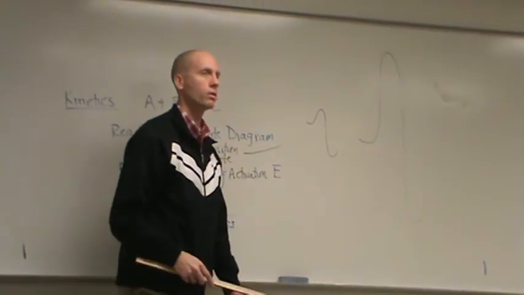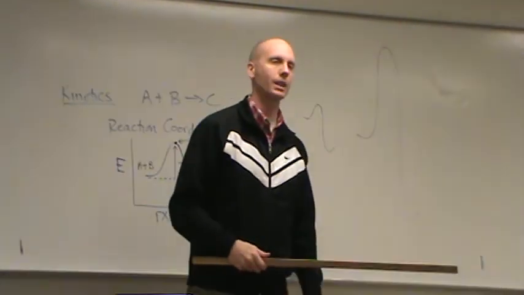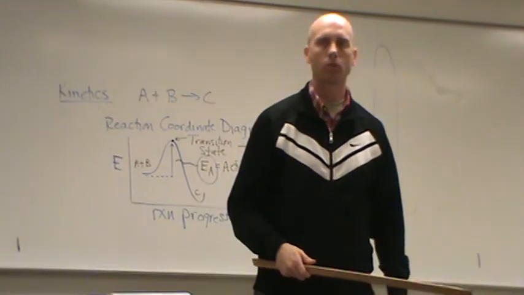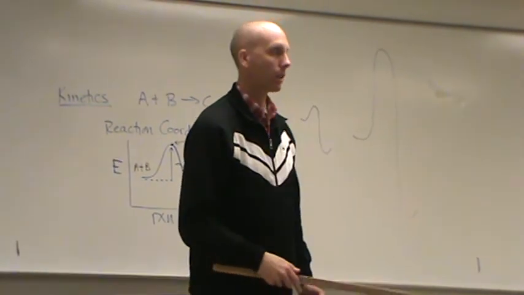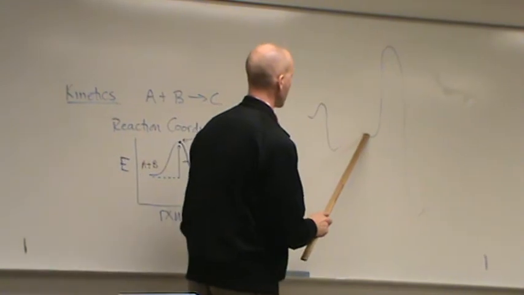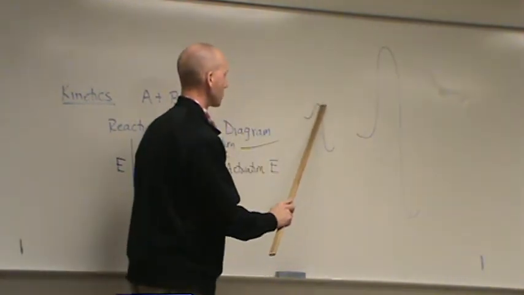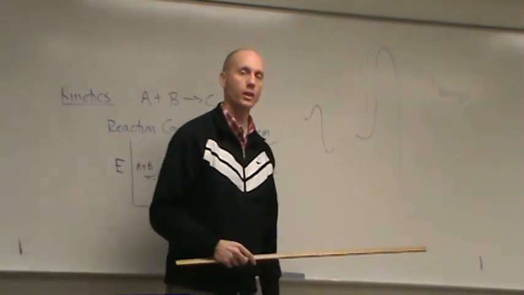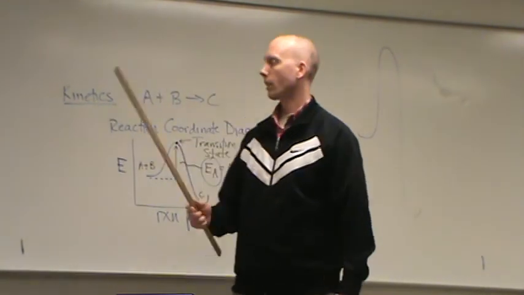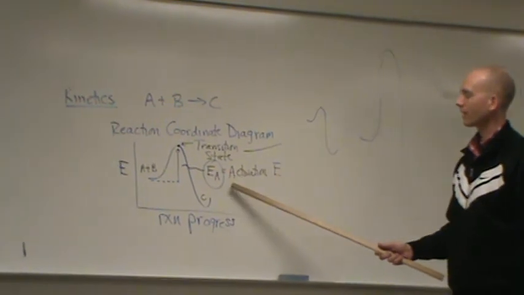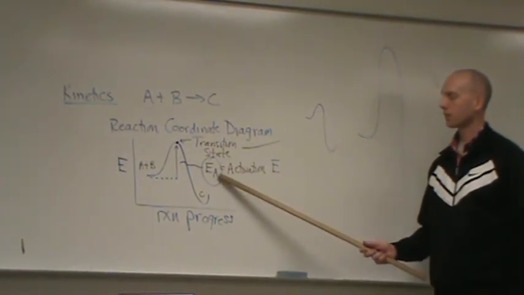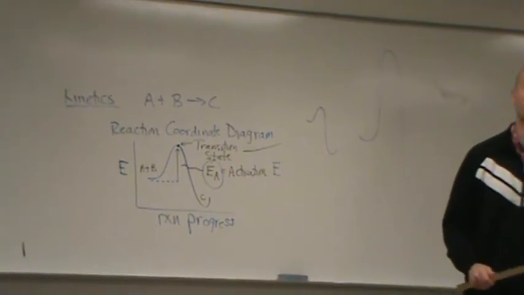Larger hill. So which one do you think is the slower reaction? The larger one. It's going to take a longer time getting over that hill versus that one. So there you just learned it. The larger the activation energy, the slower the reaction.